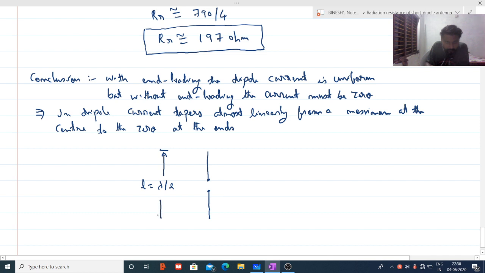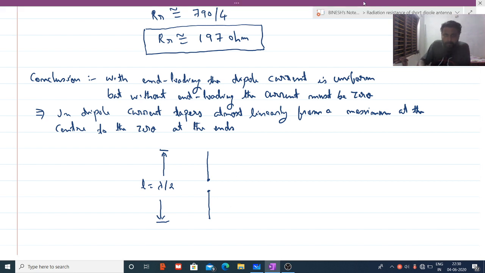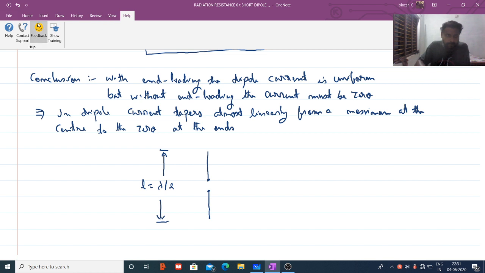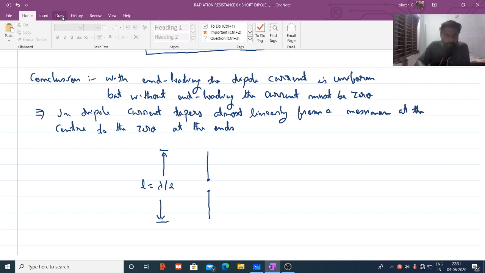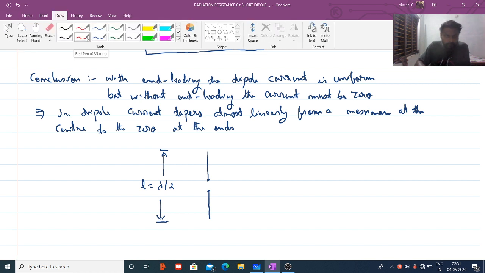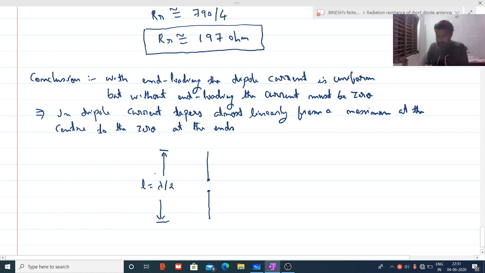We are violating the condition lambda very much greater than L. So the current distribution in this case tapers almost linearly from the maximum at the center to 0 at the ends.